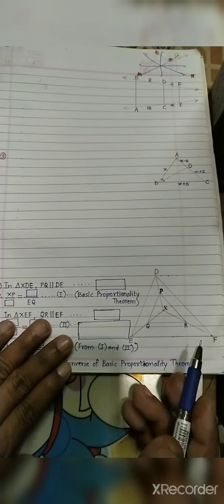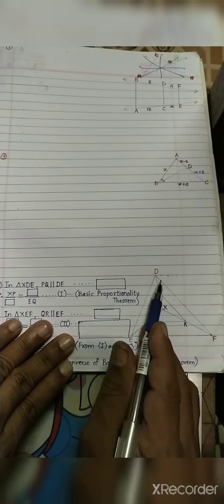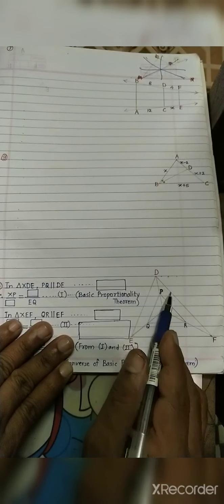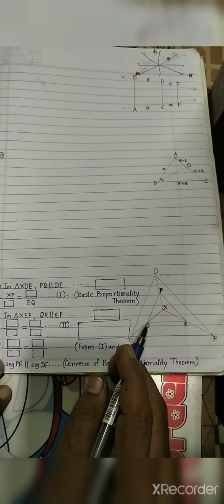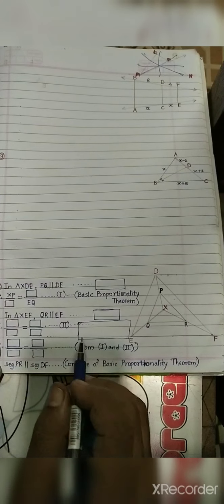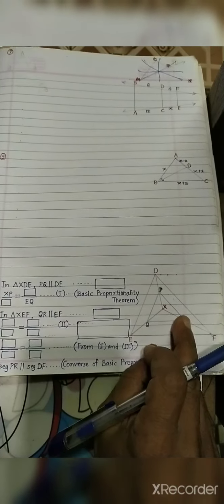Now we have to prove that seg PR is parallel to seg DF. And this example is in the form of fill in the blanks. So here let us start now.